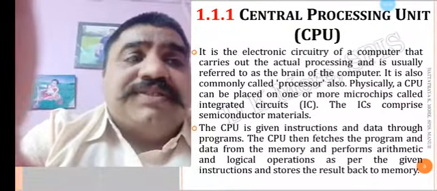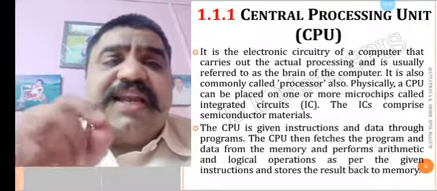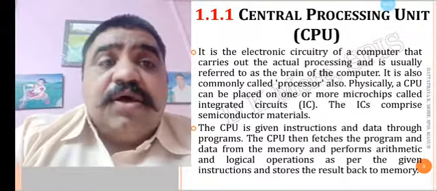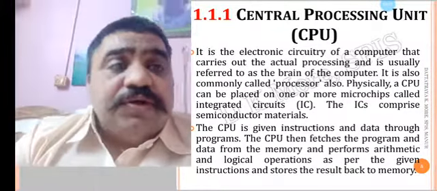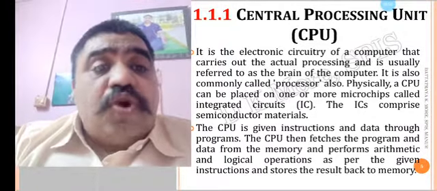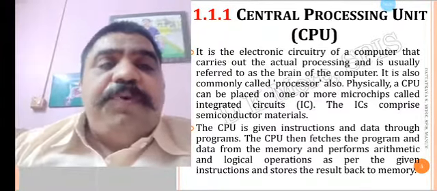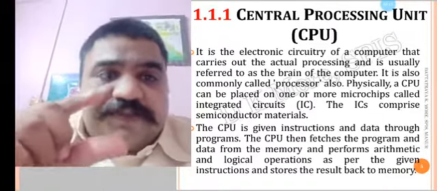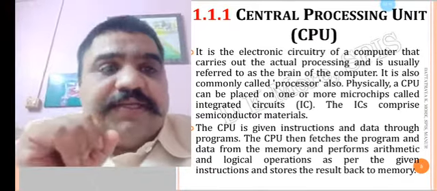First of all, we'll see the central processing unit, CPU. It is the electronic circuitry of a computer that carries out the actual processing and is usually referred to as the brain of the computer. It is also commonly called the processor. Physically, a CPU can be placed on one or more microchips, or microprocessors, or integrated circuits, IC.